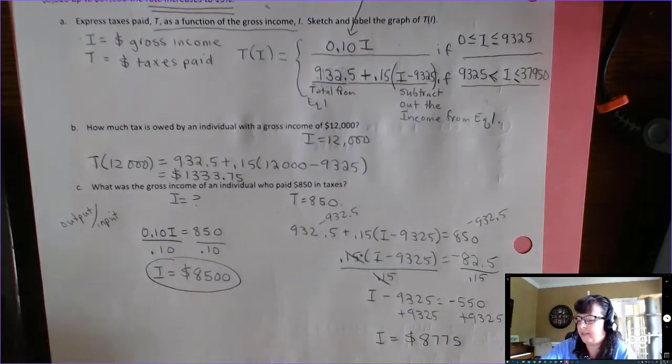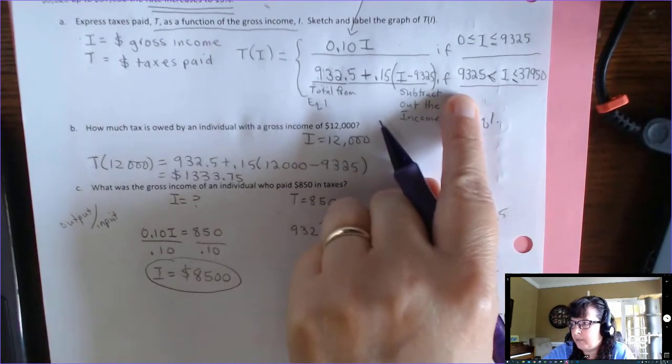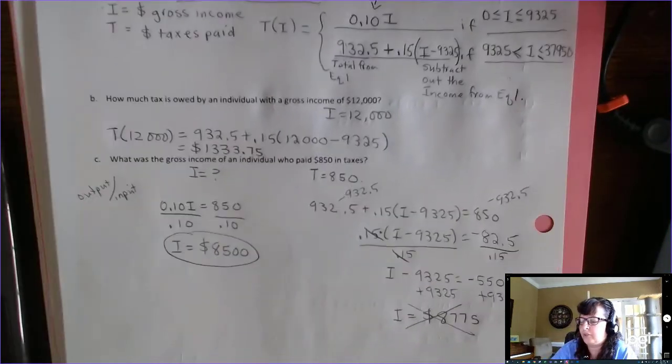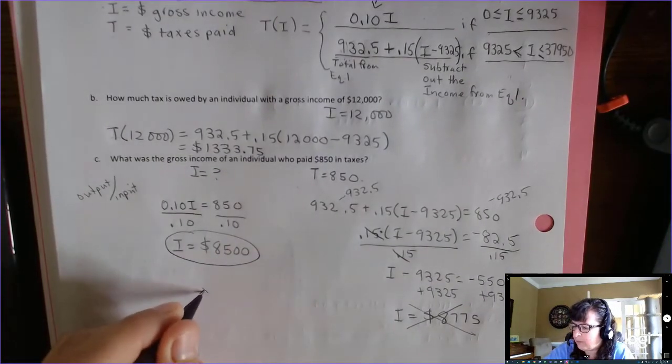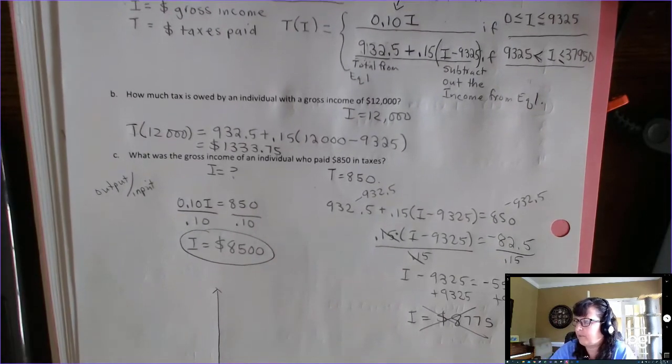And then check this answer against that domain. I has to be between 93.25 and 37,950, and it is not. So we knew that. The answer to why we knew that can also be, it makes sense when you try to graph it.